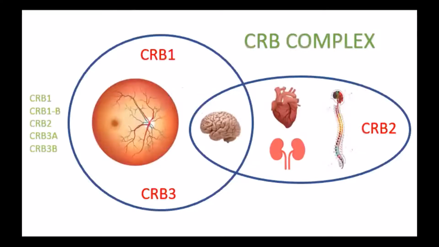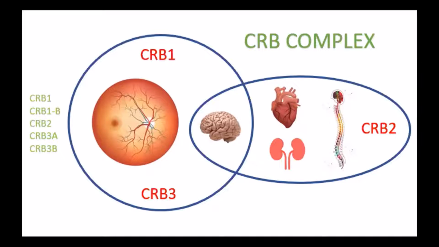And this CRB complex or CRB family consists of 5 CRB proteins. In mammalian tissues, CRB1 and CRB2 are predominantly expressed in the retina. However, the CRB2 expression is also found in other tissues, such as the kidney, the heart, the brain, and also the spinal cord. In addition, unlike CRB1, CRB2 also localizes in the retinal pigment epithelium.